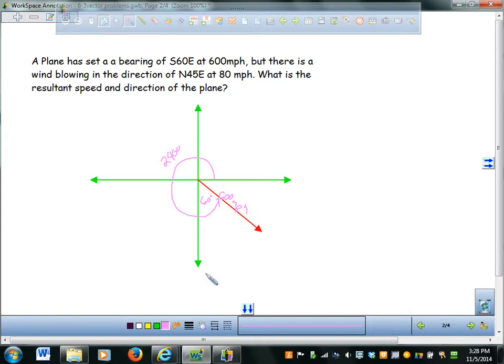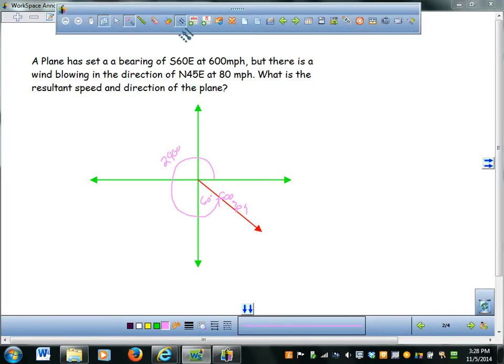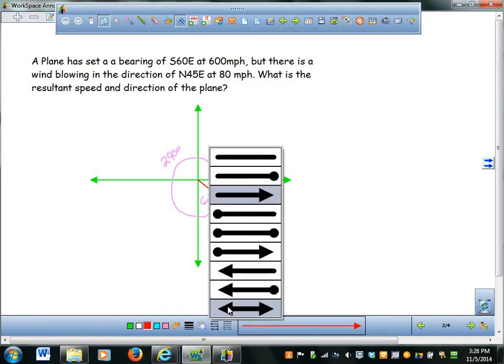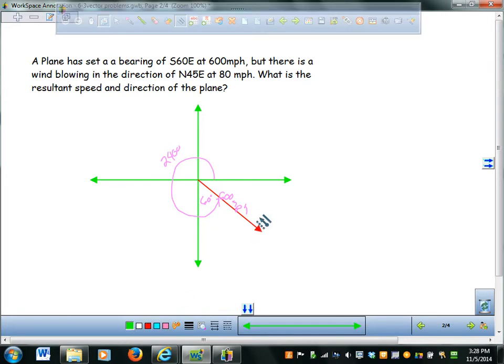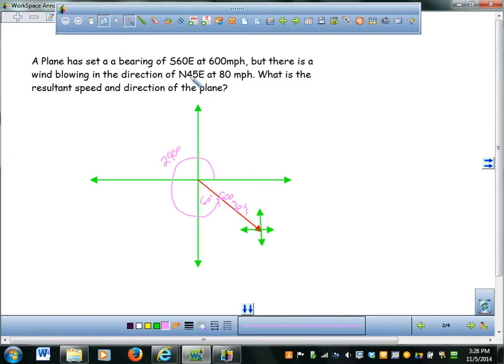Okay? So usually what happens is there's a wind going. There is a wind blowing in the direction north 45 degrees east at 80 miles per hour. So what I would do is write, since we add vectors tip to tail, I would make another little mini xy axis right at the tip of this vector, so you could see what north 45 degrees east looks like, which means 45 degrees east of north.